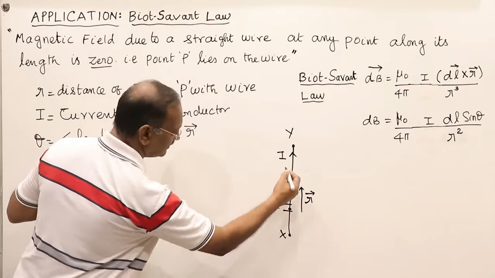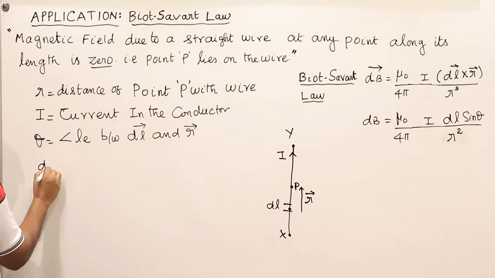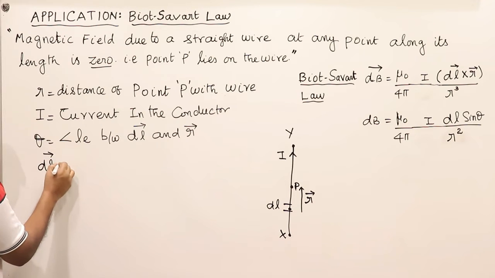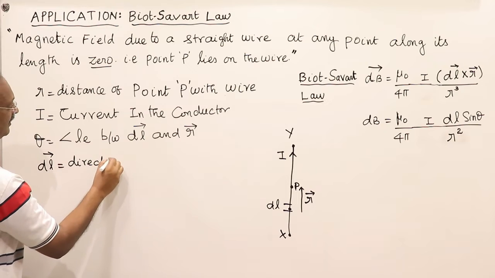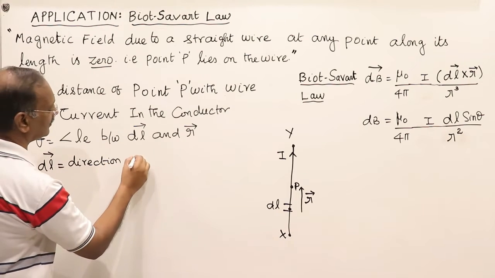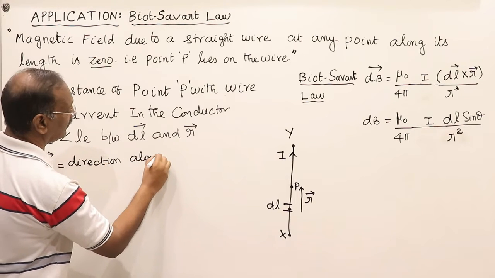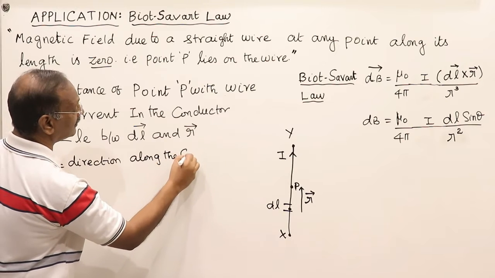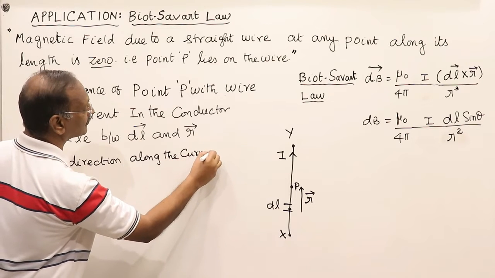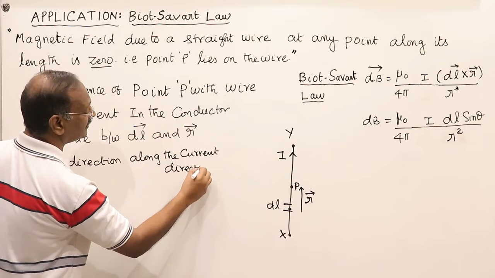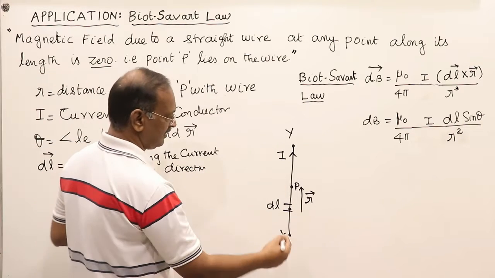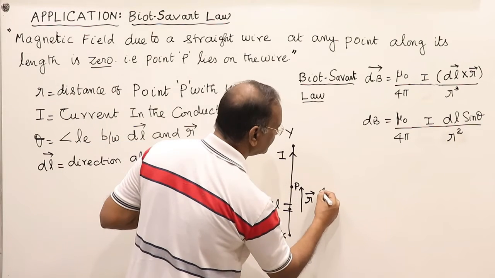Because current is flowing in this direction, so we say dl vector. We need not worry, the direction is simply along the current direction. Current is flowing this way, which means the dl vector is in this direction.